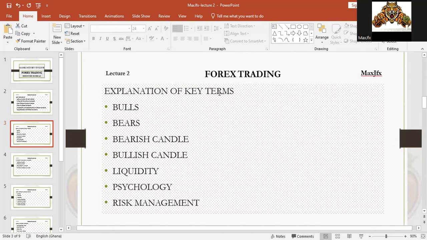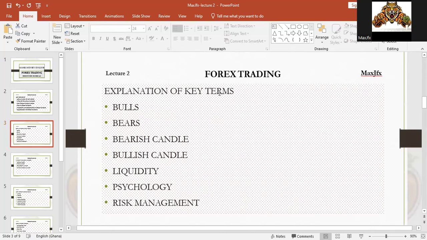This tells us that there are times you'll be in the market and you don't have control over yourself, which means you make impulsive decisions, and that makes you make mistakes and take losses in the forex market.